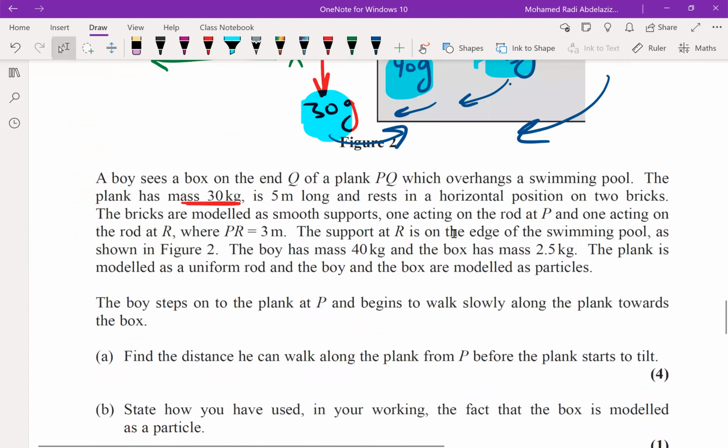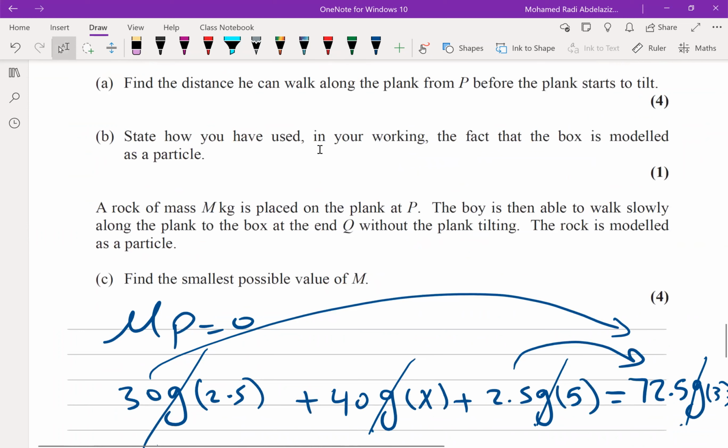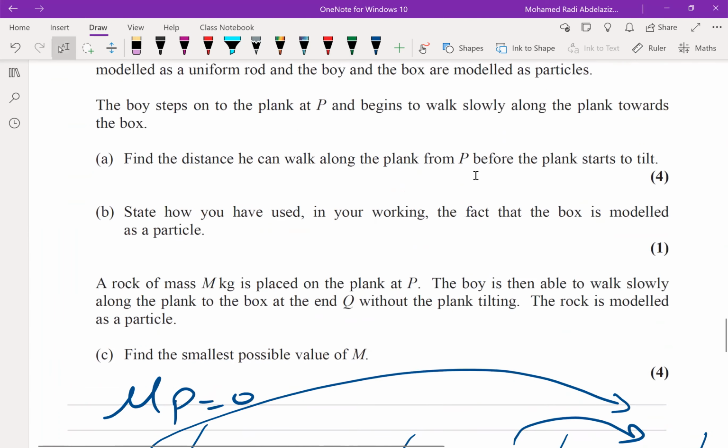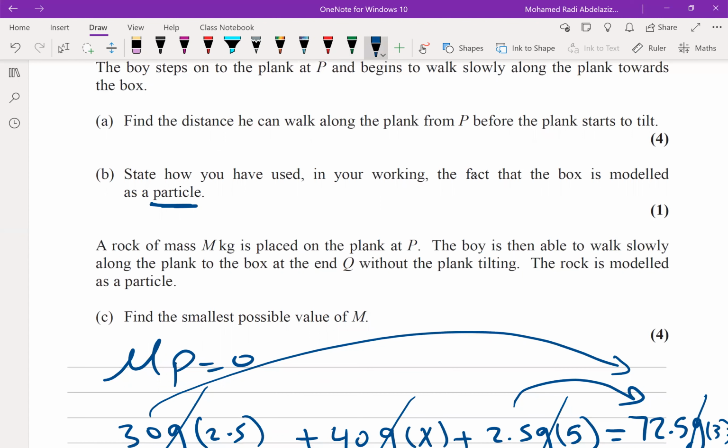Part B: state how you have used in your working the fact that the box is modeled as a particle. When I say modeled as a particle, it means the mass is at the center.